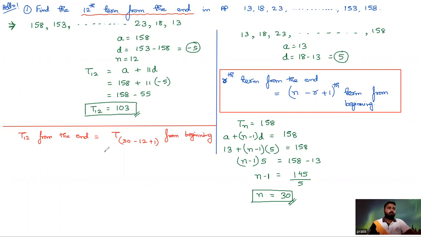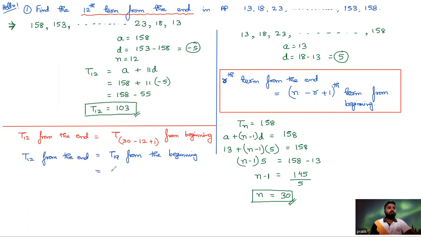So finding on this, T12 from the end is nothing but 30, 18, 19. So T of 19 from the beginning is equal to T12 from the end.